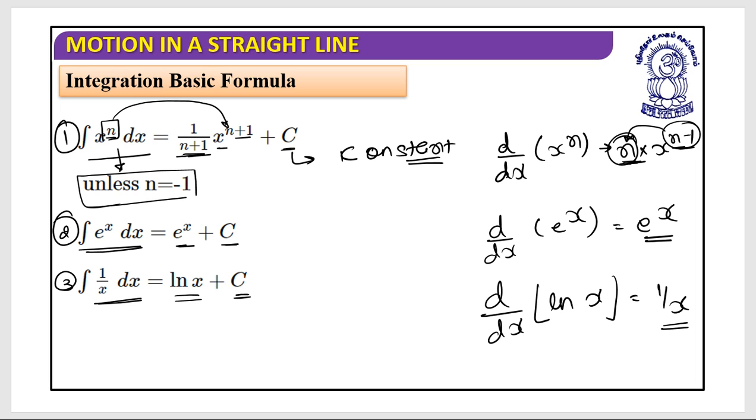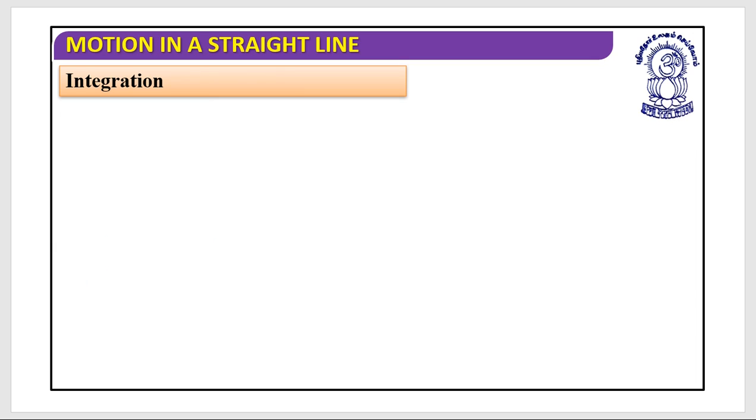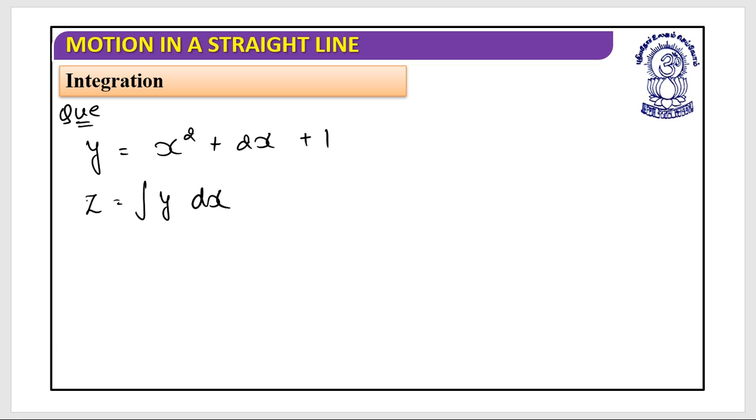So I can say that differentiation and integration are reversible processes to each other. Now let's practice these functions. Suppose y is equal to x square plus 2x plus 1, and you need to integrate this function, such that z is equal to integration of y dx.